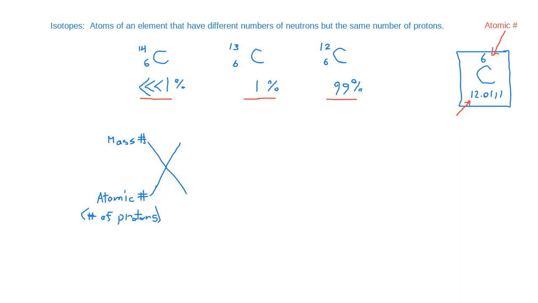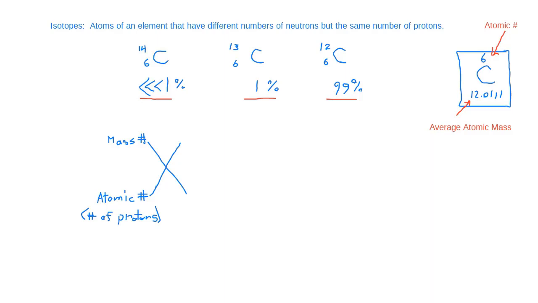And therefore, this number down here is the average atomic mass. The average atomic mass is not the mass of any particular isotope, it's simply the average mass of all the isotopes put together. Okay, so back to isotope symbols.